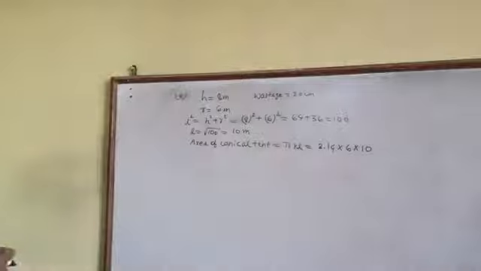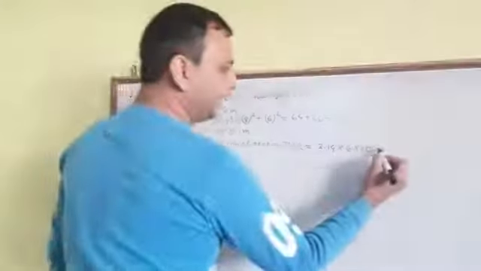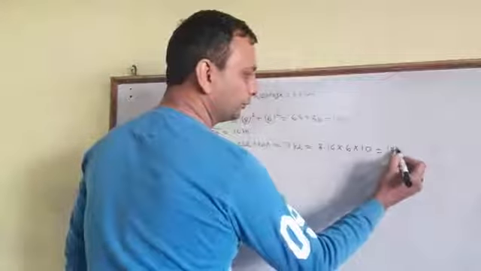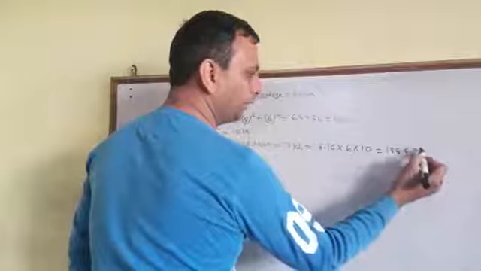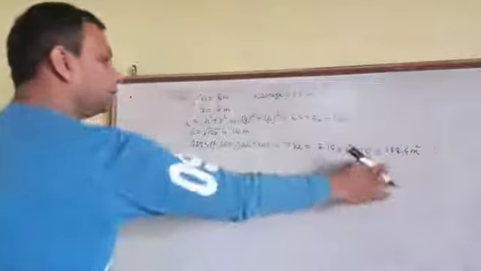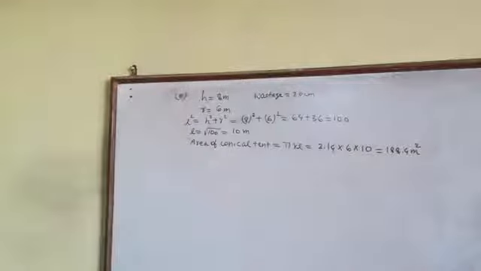So 3.14 multiply 6 multiply 10 equals 188.4 meter square. This is the area of the conical tent.